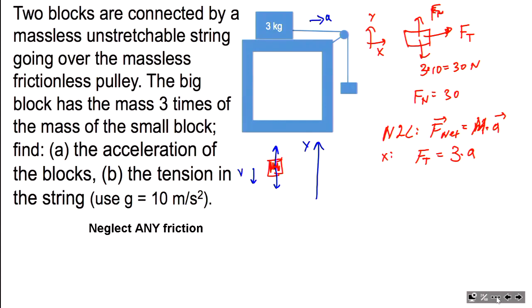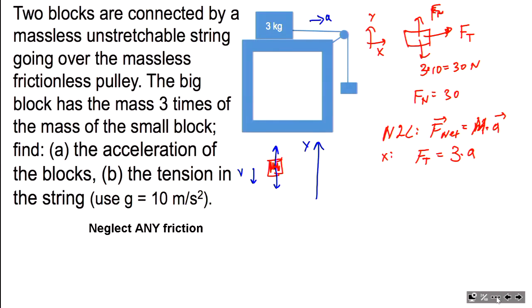Now, is it speeding up or slowing down on its way down? Well, you saw it. Initially, it was at rest, and then it was moving, so it's not at rest anymore.